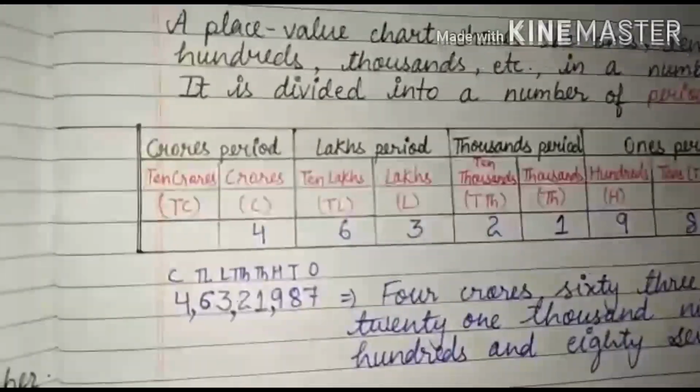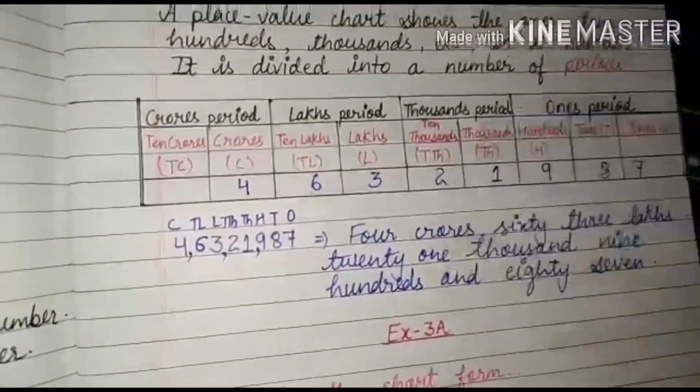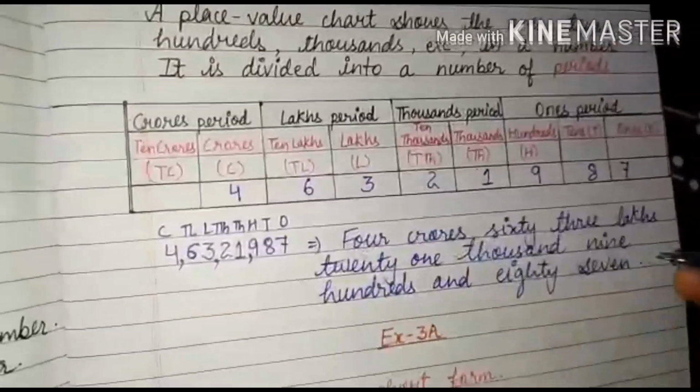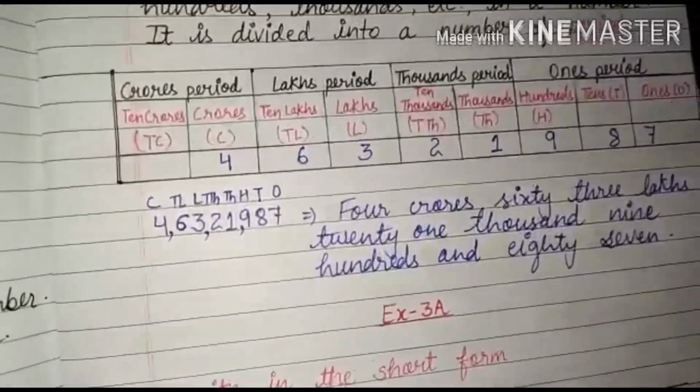So it is much easier to write the number using the place value chart in numeral form as well as in word form.